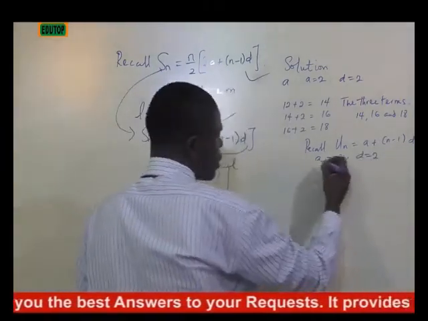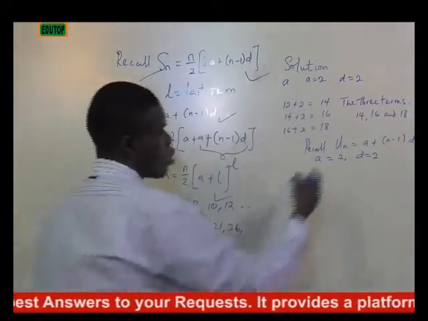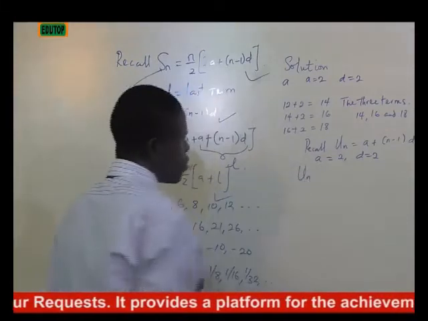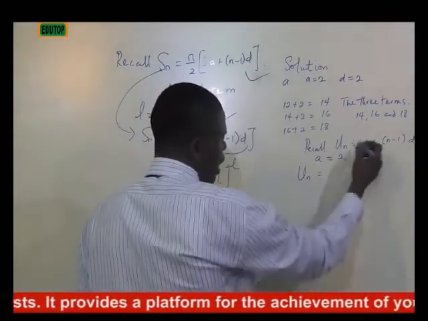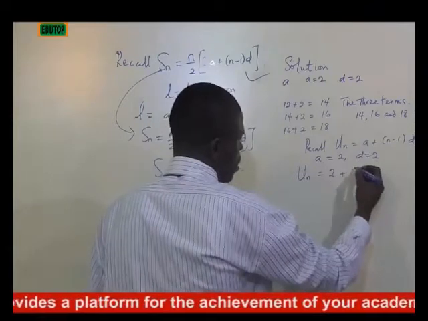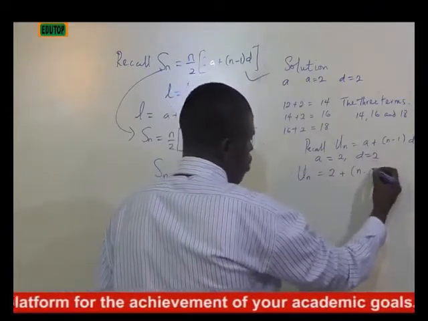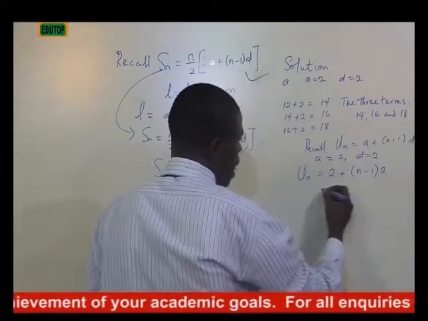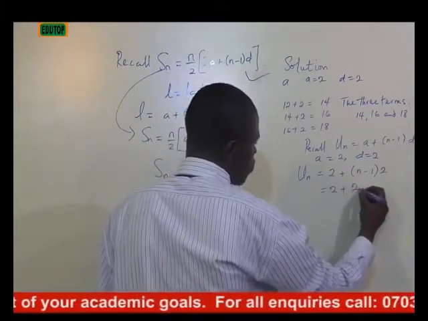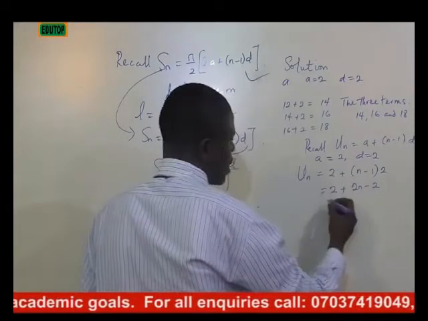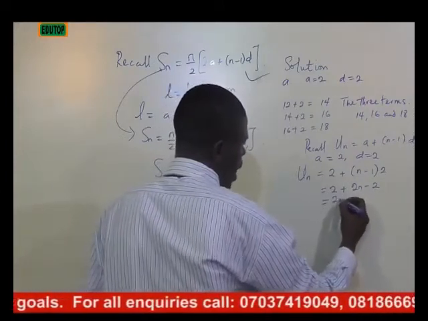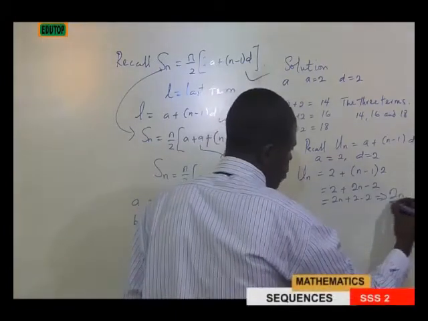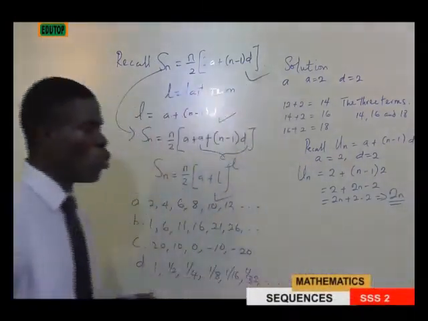Substituting these two values into the formula, Un becomes 2 plus (n minus 1) times 2. We don't know the number of terms, but we know the common difference to be 2. When we evaluate this, we have 2 plus 2n minus 2, and that gives us 2n. So the rule here is 2n.